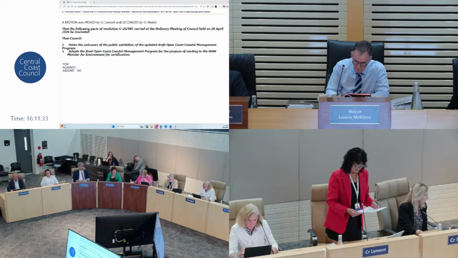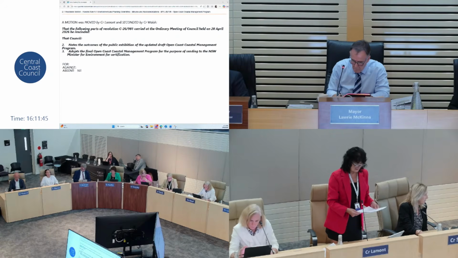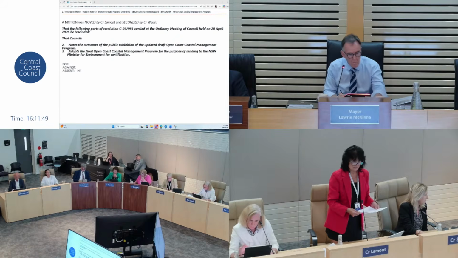I'll repeat that, permanent works will not be approved unless they are in the certified CMP. That's for the Section 68. So what does this mean? It means the timing of this meeting raises very real questions. Is this about coastal management, or is it about meeting a deadline for a Section 68 seawall?